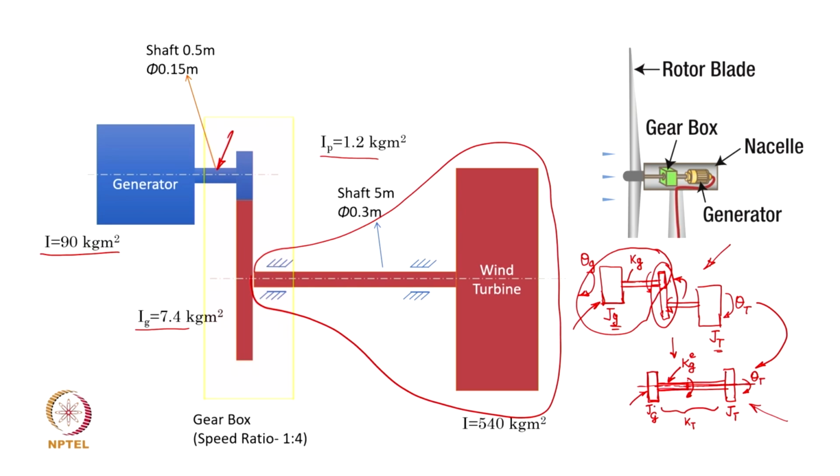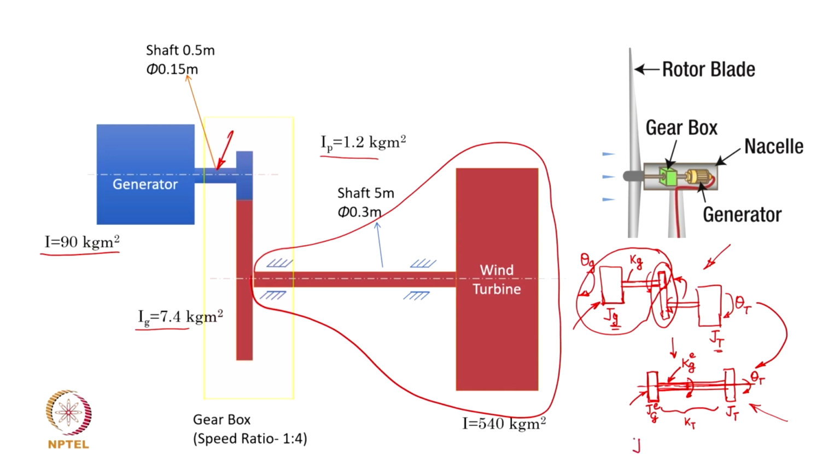On similar lines, this generator inertia also will have to be scaled, so that the new generator inertia will have the kinetic energy similar to what it had when the gear pair was a part of the system. Okay.